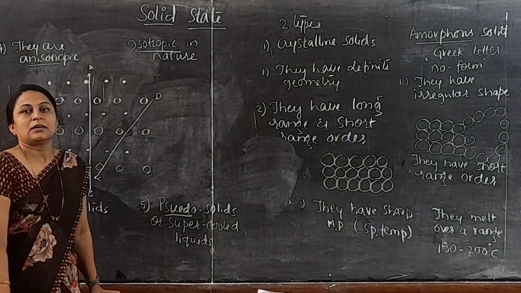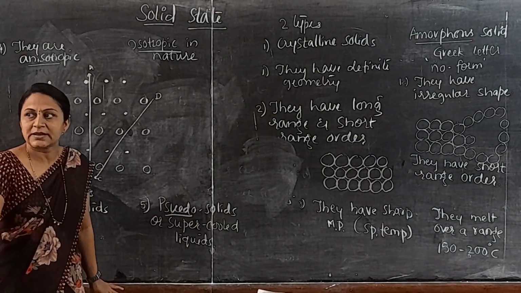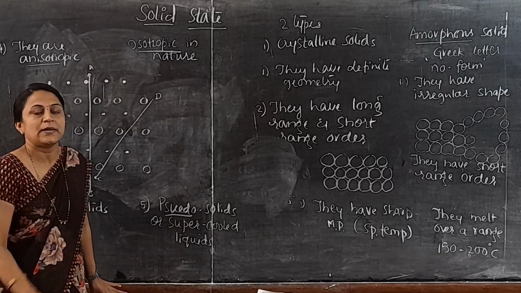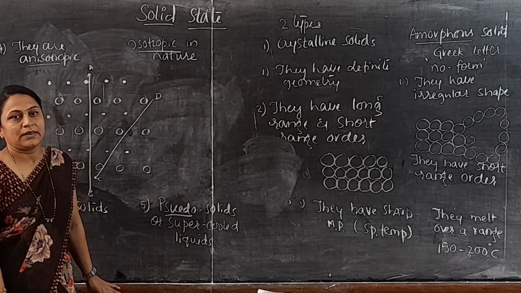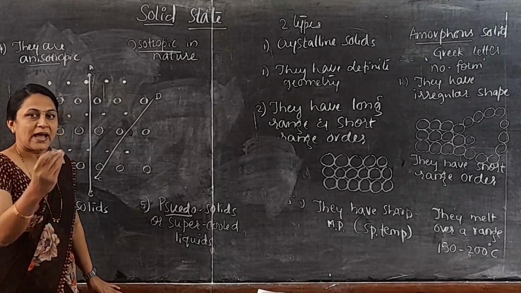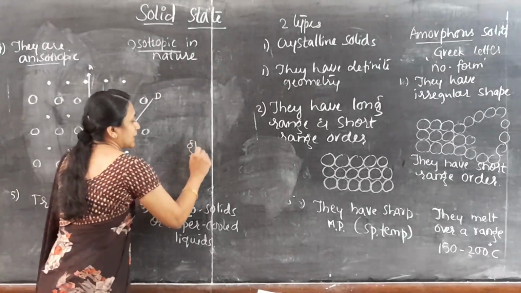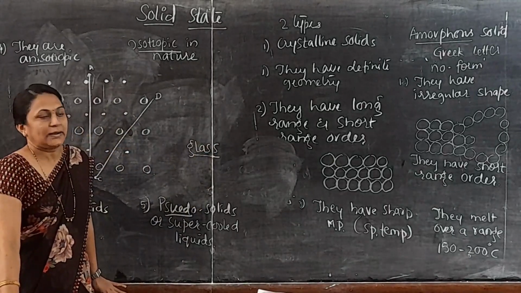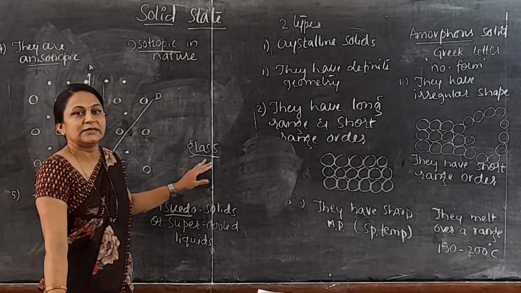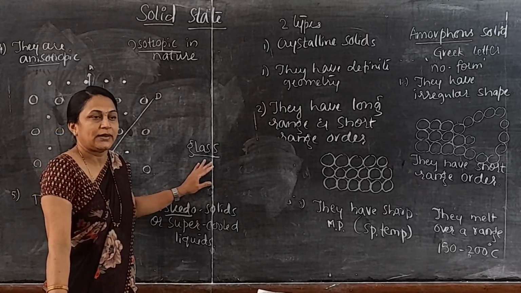For example, the glass panes fixed at windows or doors appear thicker at the bottom than at the top. It is because glass is an example of an amorphous solid, but it has the tendency to flow very slowly, like liquids.